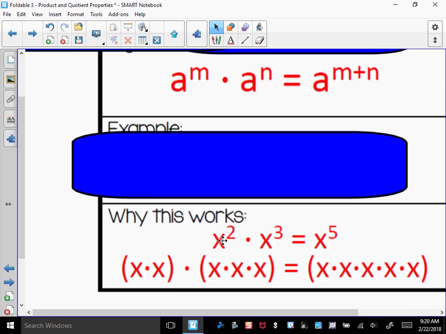And if you have x to the 3rd power, that means x times x times x. When you add them all together, you have 5 of them, x, x, x, x, and x. So that's how you get x to the 5th power. That's the concrete reason why you simply add the exponents. It's just giving you a nice visual.